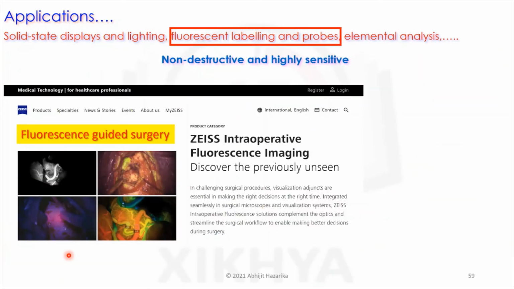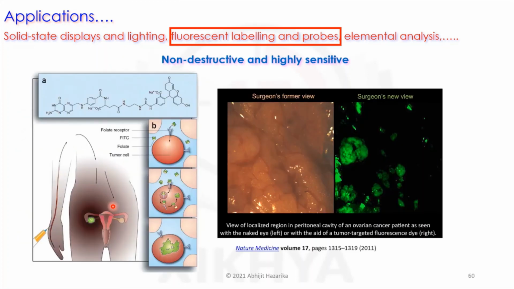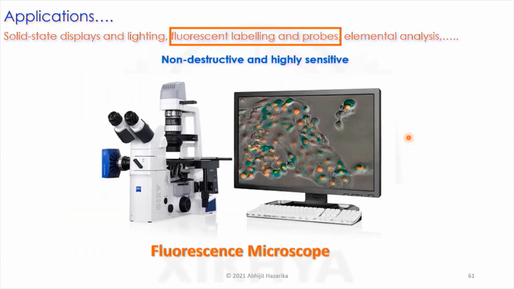And in the medical technology, the fluorescent probes are used during surgery, which help the doctors to have better vision during complicated surgeries. Here is another example of how tumor cells can be imaged during a surgery. So all these biological imagings or fluorescent labelings are possible because of this very unique and nice instrument which is called fluorescence microscope.